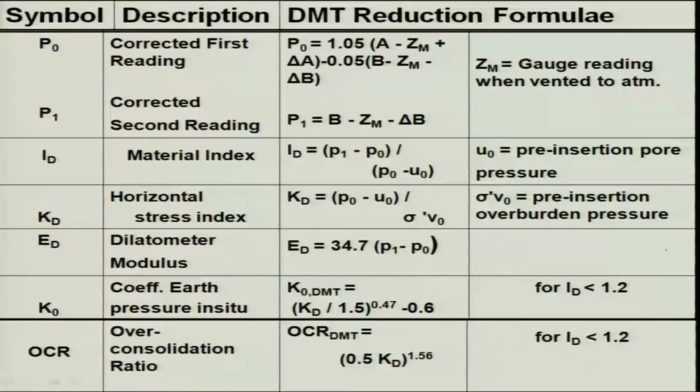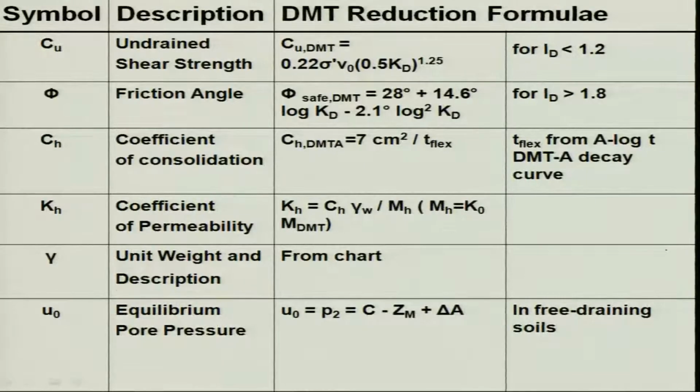So, there are different DMT reduction formulas: corrected first reading P0, corrected second reading, material index, horizontal stress index, dilatometer modulus ED from P1 and P0, K0 coefficient of earth pressure, over consolidated ratio and Cu.